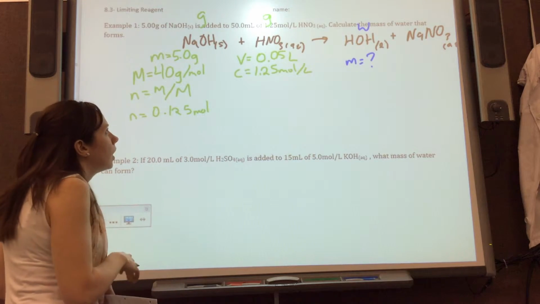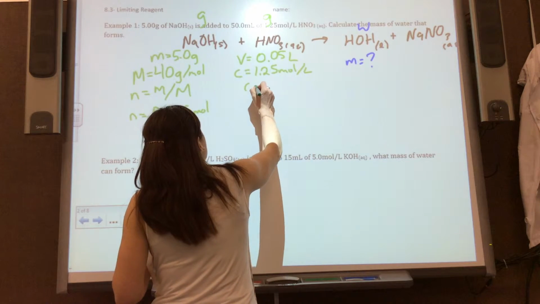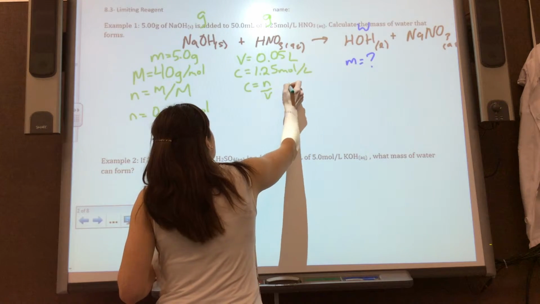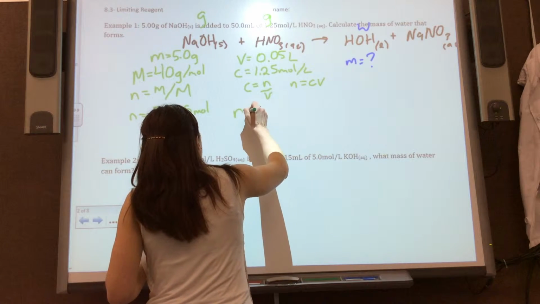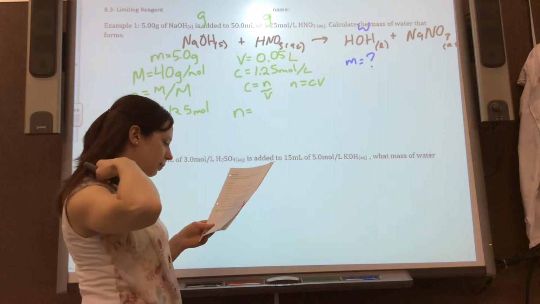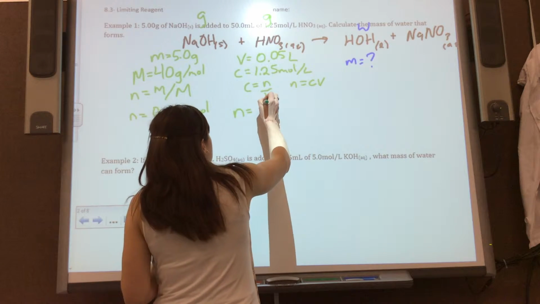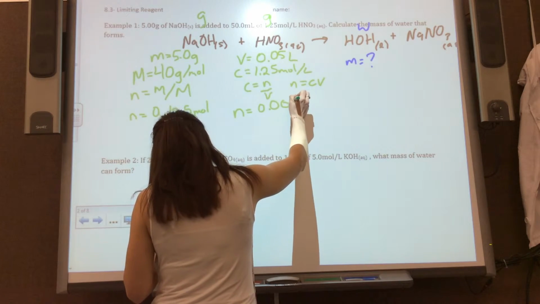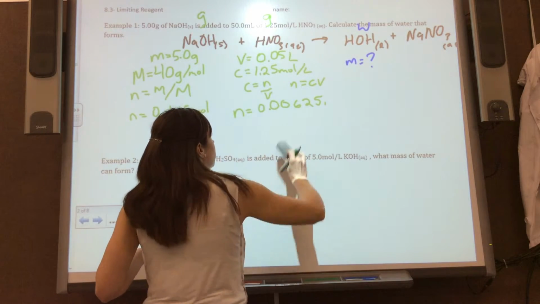Okay. So now I can find the moles of my acid as well. So if C equals n over V, then n must equal C times V. So you get 0.00625. Oh, I added 1 too many zeros.